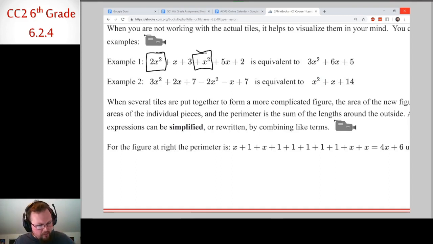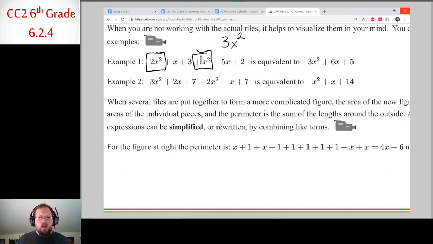Brief note, even though there's no coefficient written here, this is always imagined as a single x squared. You can pretend there's a 1 there. So when I combine these, 2x squared plus 1x squared is 3x squared tiles.